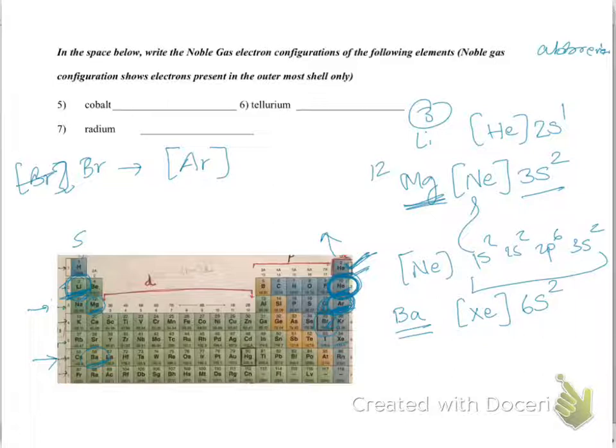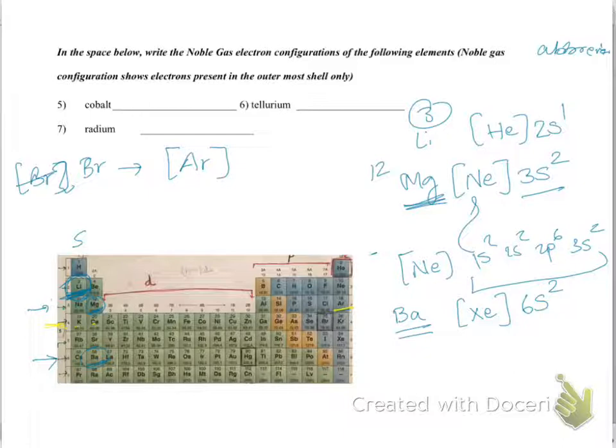Argon. Let me use a light color pen. Argon. So now I'm here. This is my fourth row, 4s.